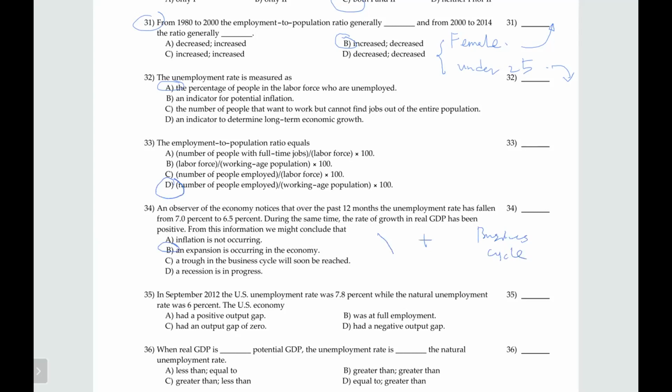Other information you should know is that when the economy is in expansion, sooner or later the peak in the business cycle will be reached, not a trough. What is a trough? The trough says you are in a recession, and eventually we are going to see some light at the end of the tunnel.